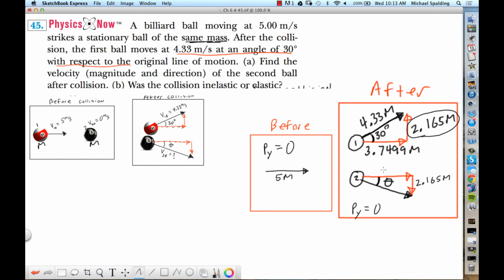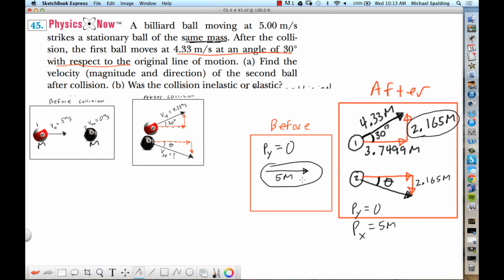So we now know what that is. Now, how do we figure out the x momentum of ball 2? Well, look, before the collision, what was our x momentum? 5 m. So what must be our x momentum after the collision? 5 m. Well, right here we have 3.7499 m. So what must this guy be?